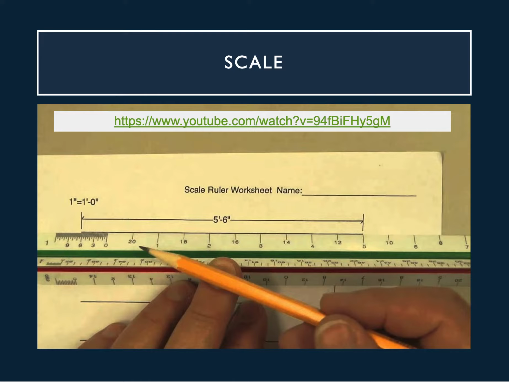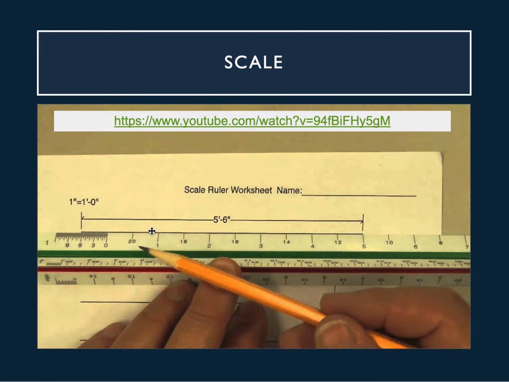He's already done this. I'll be happy to talk to you guys about this in any of our sessions if you want. But it is pretty much that 0 is your benchmark, and everything to the right is feet, and everything to the left is inches.